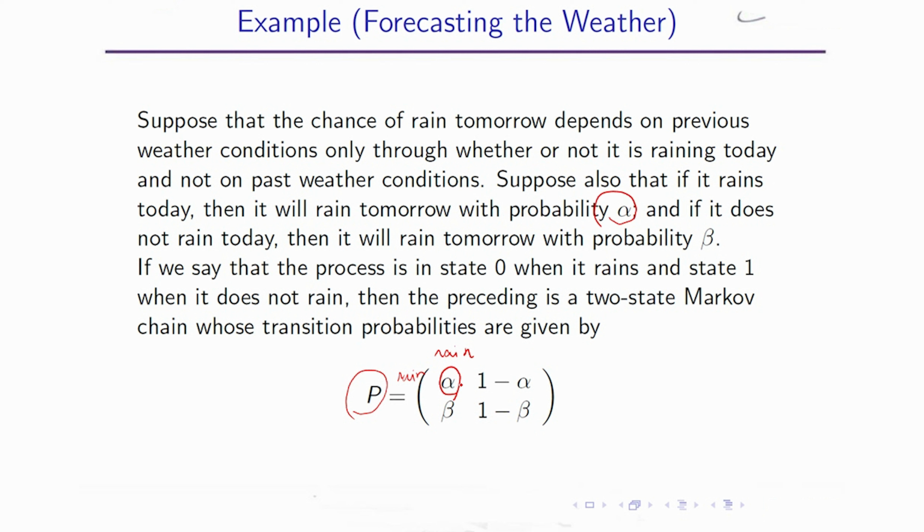On the other hand, if today the weather condition is rain, then the probability that tomorrow it will not rain must be 1 minus alpha. Similarly, if today the weather condition is not rain, then the probability that tomorrow it rains is beta, and not rain is 1 minus beta. So this is the transition probability matrix.